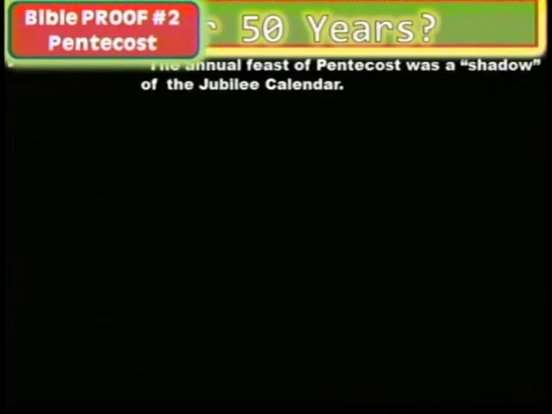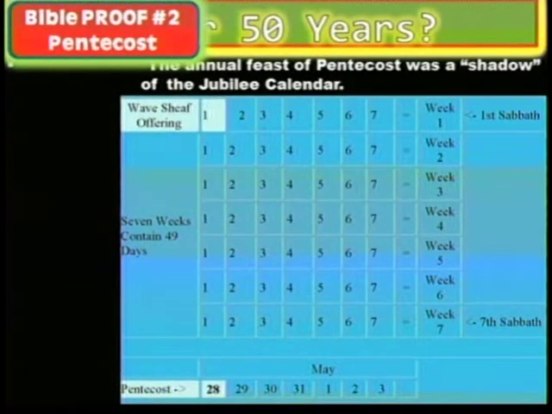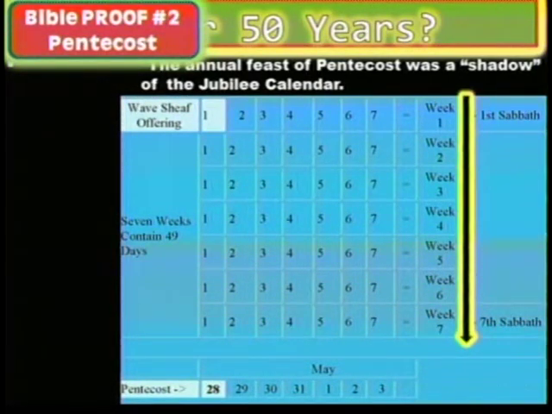So Bible proof number 2 for 49 years instead of 50 was Pentecost. The annual feast of Pentecost was a shadow of the Jubilee calendar. Now, does this look familiar? Looks like what we just saw. Here's your 7 weeks.